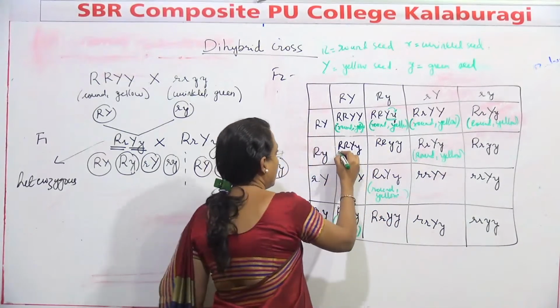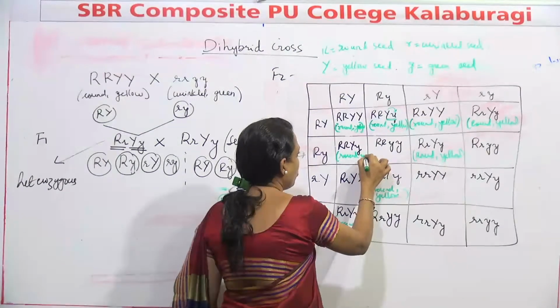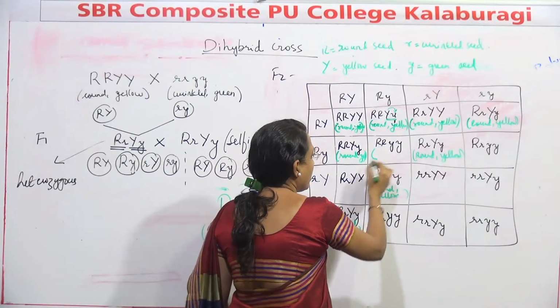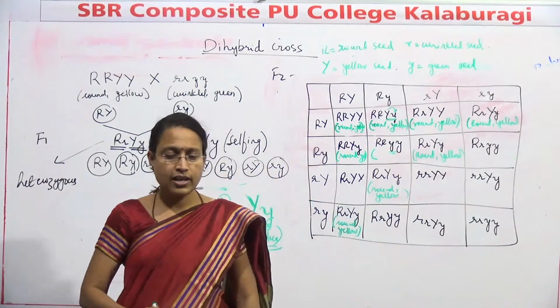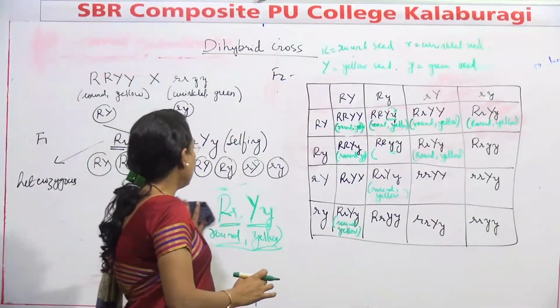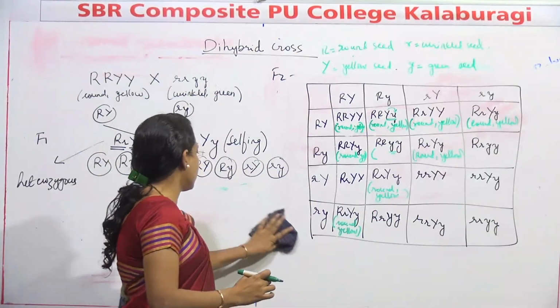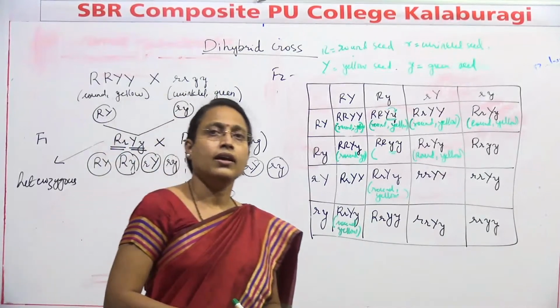Now similarly, round and yellow here also. Round and green. Now here there is a recessive allele. It is not a heterozygous condition, it is homozygous recessive condition. And the allele that will express only in homozygous condition is the recessive allele.